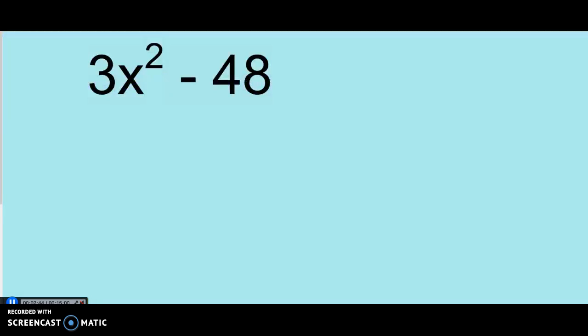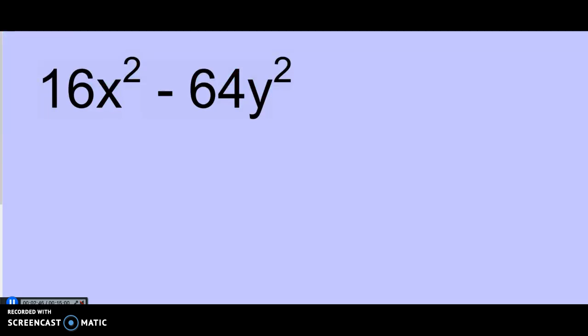Let's see. Let's try this one. 16x squared minus 64y squared. Okay, so this is a perfect square. So is that. This is a difference. That's a perfect square, and so is that. So we've got a difference of two squares, but we've also got a common factor.